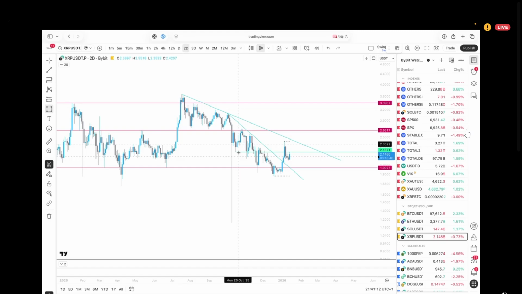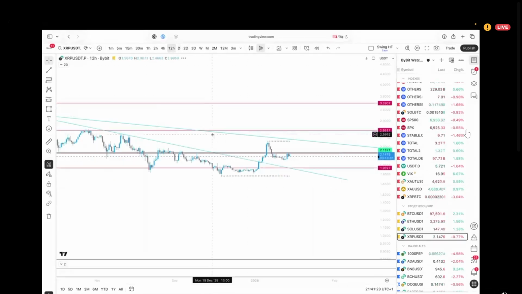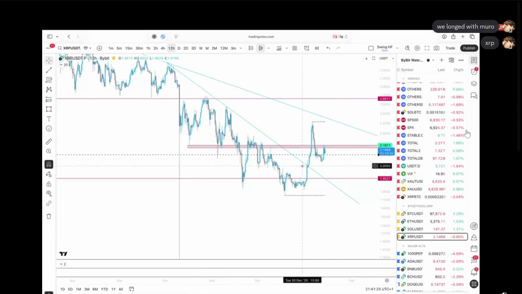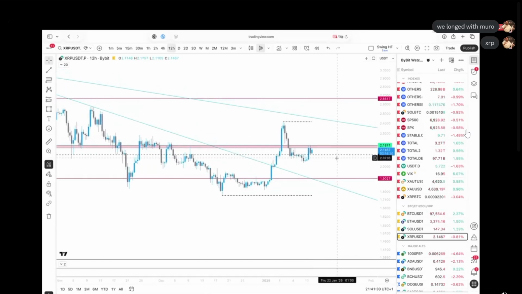What a shitty chart XRP has, guys, from a macro perspective. Okay, yeah. Legit box.